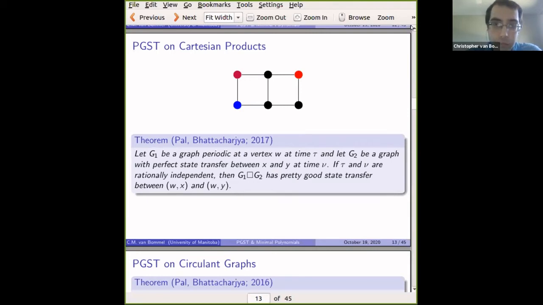And they observe that this allows the construction of a graph that has pretty good state transfer from a particular vertex to 2 different vertices. So this top left vertex can have pretty good state transfer to either the red vertex on the right or the blue vertex on the bottom, just at different times.